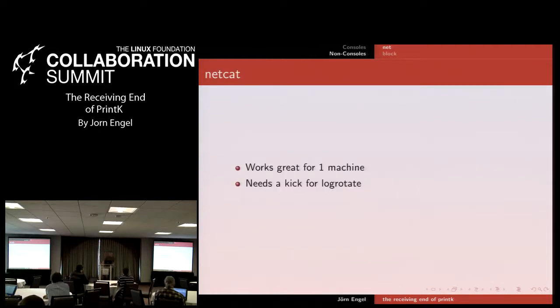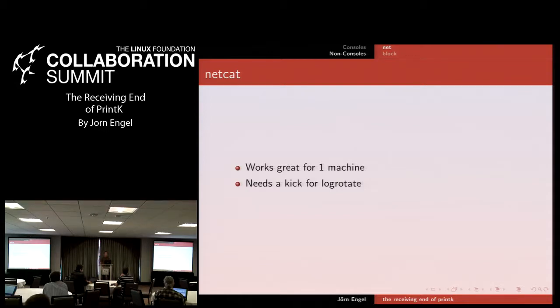The alternative, actually two alternatives, there's netcat and socat, but they are both effectively the same, I believe. Netcat is basically the same as cat, except you can read or write to or from a socket. And that is perfectly fine so long as you are a single developer in your own flat and you have one test machine and one server that controls it. I've used it for several years and I was perfectly happy.